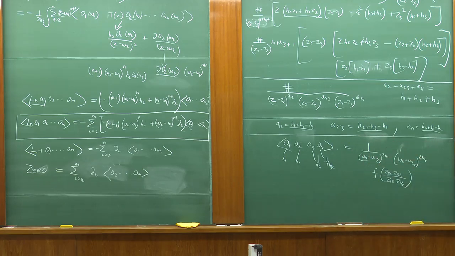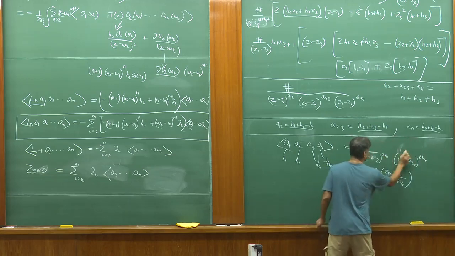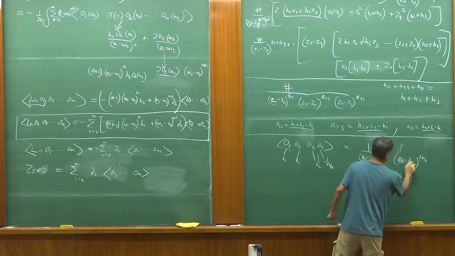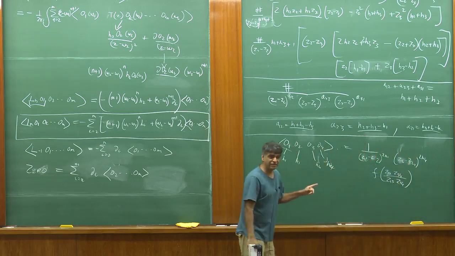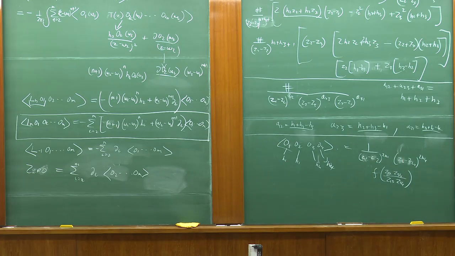Any function of this form obeys all these quote-unquote Ward identities, these constraints that you get from L0, L1, and L minus 1.